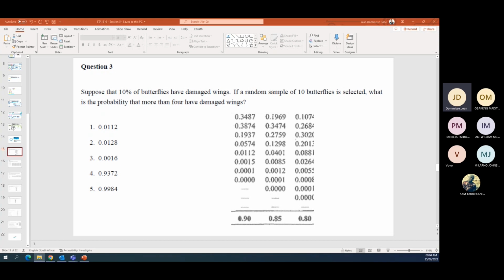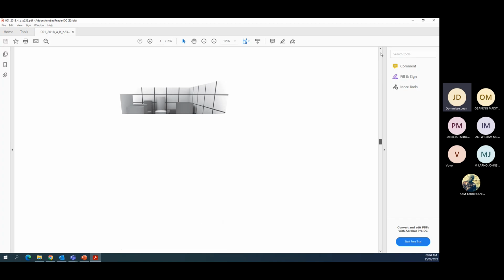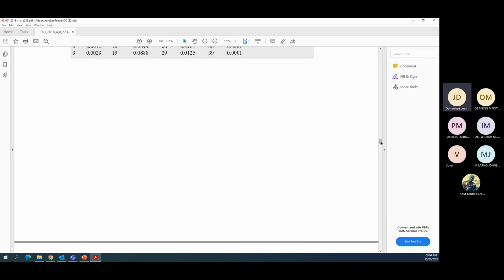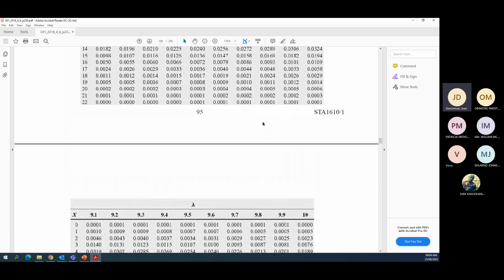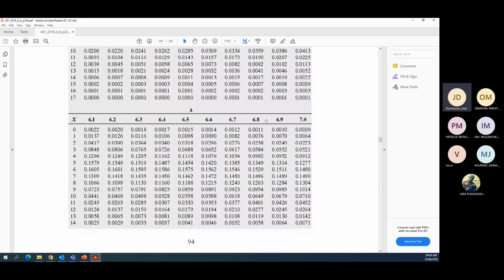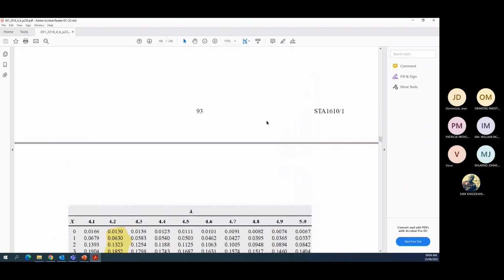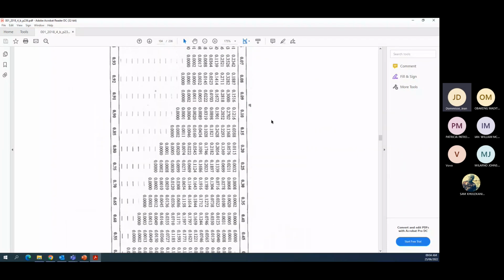So let me just get the study guide open. I think it was around page 120, okay, here it is. Okay, so that is Poisson. Poisson tables is what I like the most because that's straightforward.